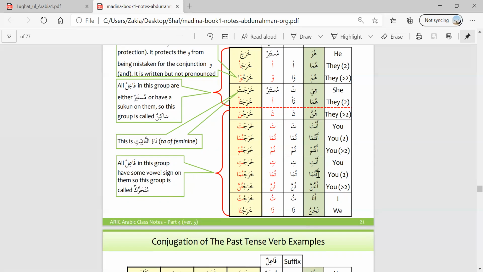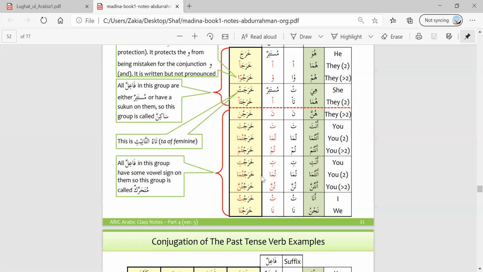You have hunna, and you only add noon to kharajna, and then you always have to remember the changing of the voweling. Kharajta means he went out, or you went out, masculine. Antuma, you two went out, kharajtuma, and antum, you all went out, that's jama, kharajtum. Then you have the female, which is kharajti. So you see ta for the male and ti for the female.